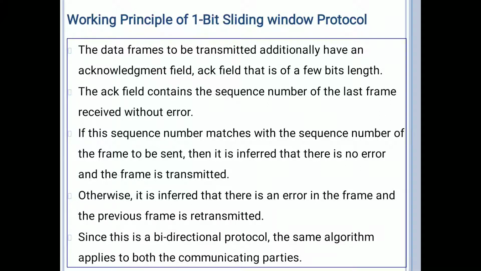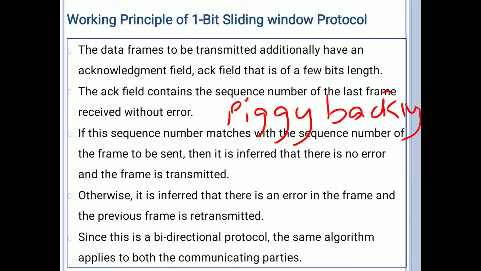That concept is nothing but piggybacking. What is piggyback? Piggyback means we are sending the data along with the acknowledgement. The acknowledgement is appended to the frame, so that is why the concept is called piggybacking.